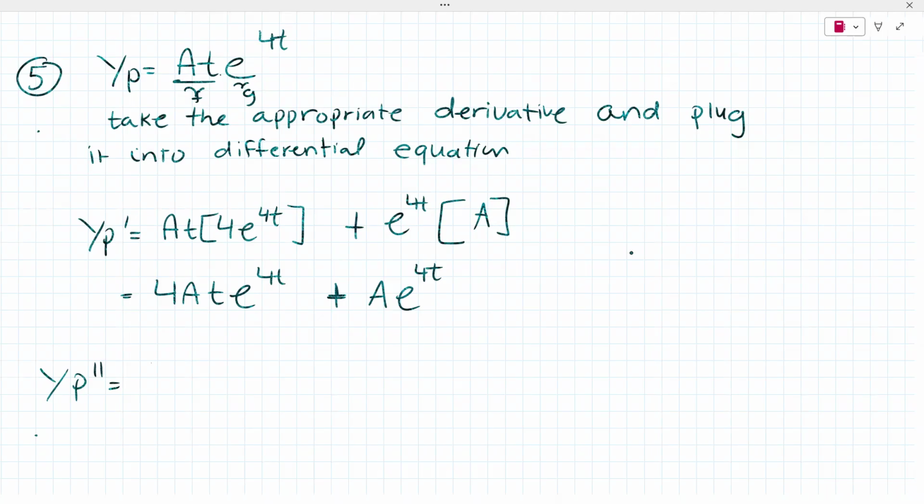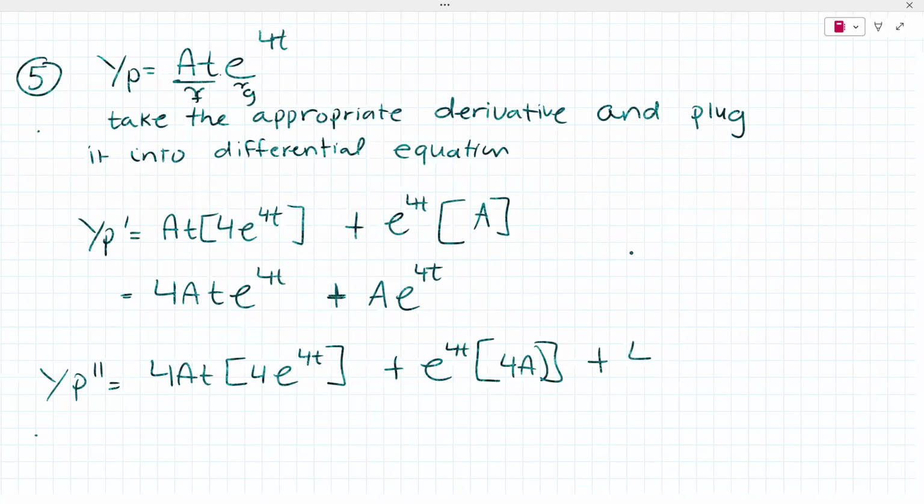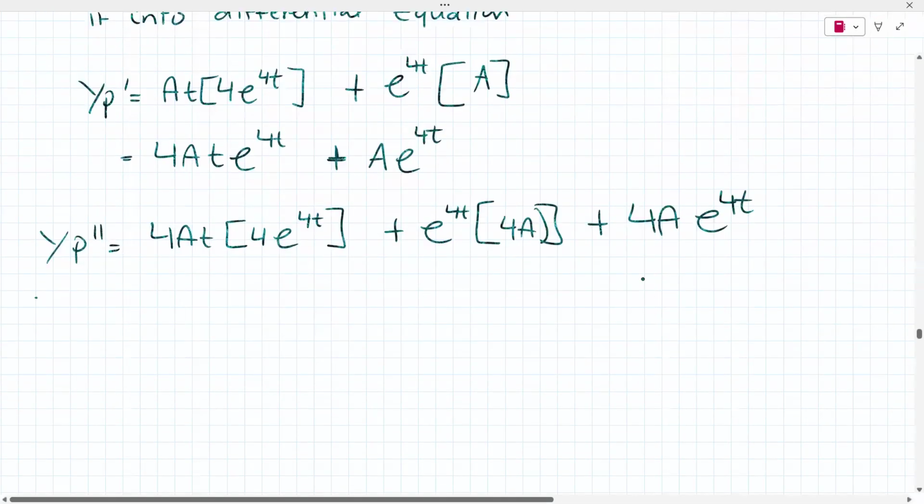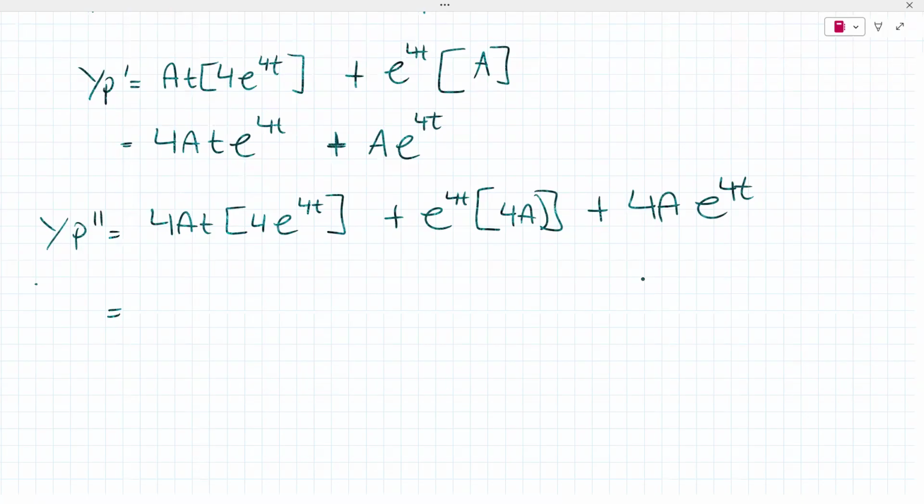It's going to be 4A t times 4e to the 4t, plus e to the 4t times 4A, plus 4A e to the 4t. If you clean that up, you get 16A t e to the 4t plus 8A e to the 4t.